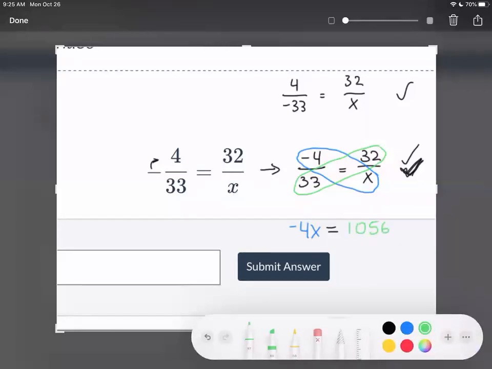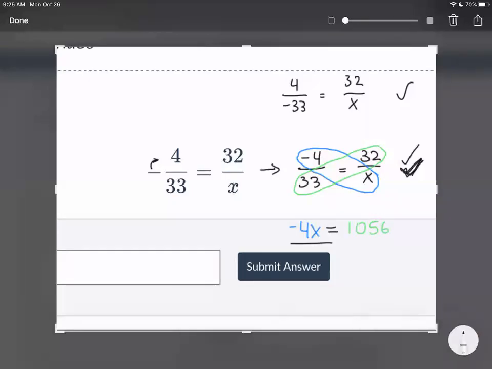Now to solve for x, all you have to do is divide by -4 so that these cancel out. And then you get x is equal to -264. And that will be your answer. You just type -264. Any questions?